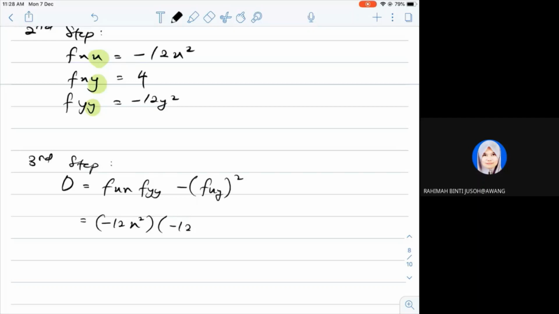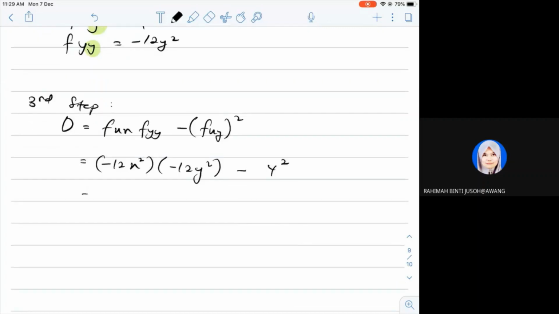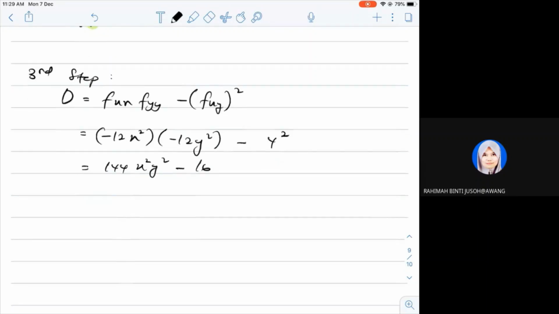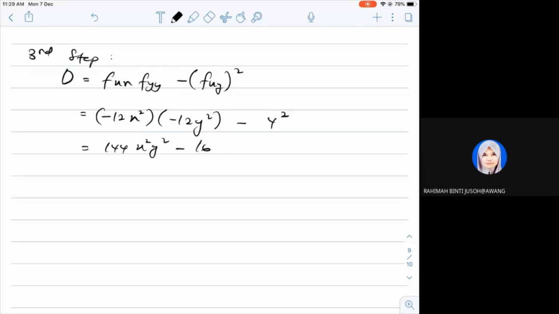Fyy is negative 12y squared, minus fxy squared. So minus 4 squared. So kalau you expand this one, 144x squared y squared minus 16. Isn't it? Okay, so now part conclusion tu tadi.